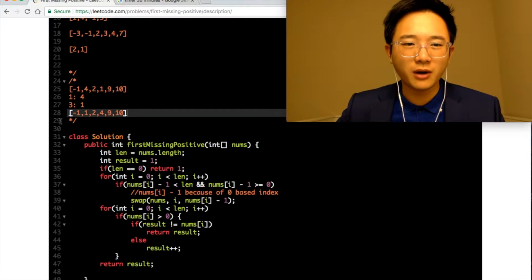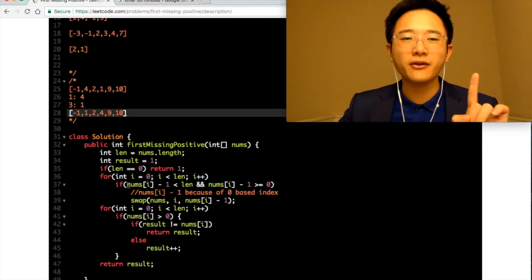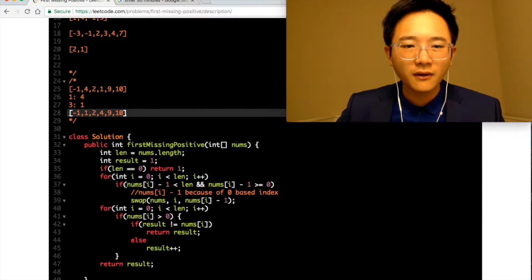Okay, result this one, and then i is 0, and then 0, 1. Somehow I feel like if i is larger than 0, wait, hold up. If i is larger than 0. You know what?